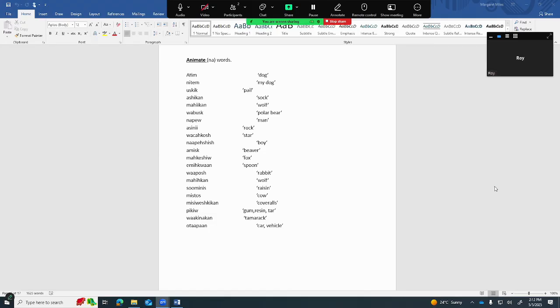Abtagahigan means key. Pimanagan, airplane. Astutin, hat. Tikanagan, cradle board.